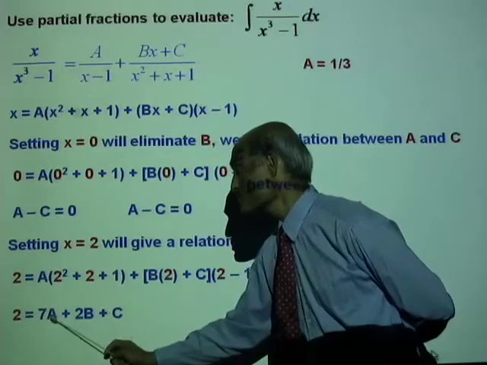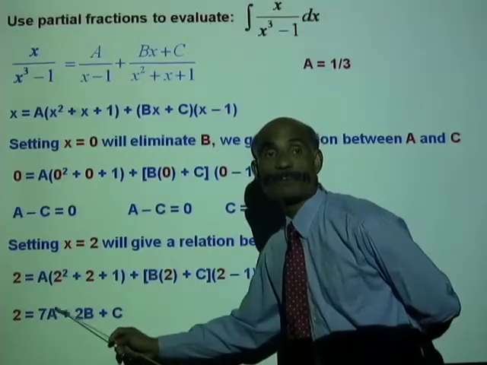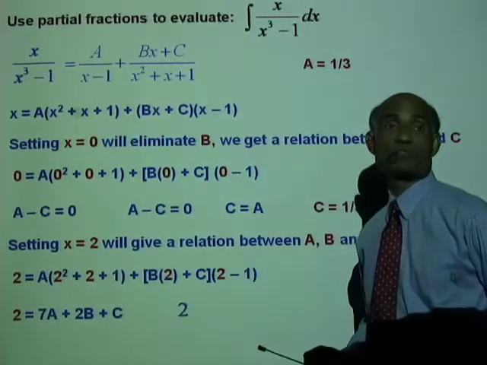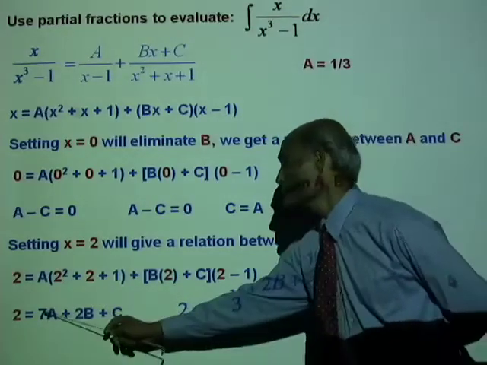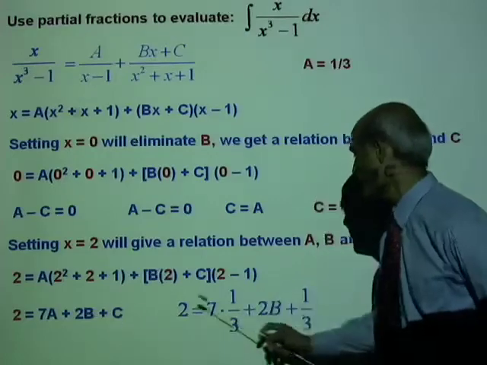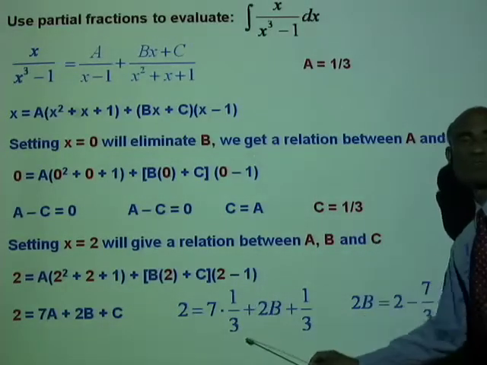Now 2 equal to 7a plus 2b plus c, but you know the values of a and c. A equal to 1/3 and c equal to 1/3. Therefore you get 2 equal to 7 times 1/3 plus 2b plus 1/3. And you can simplify that.